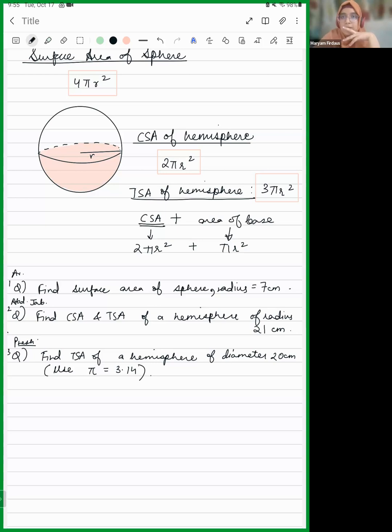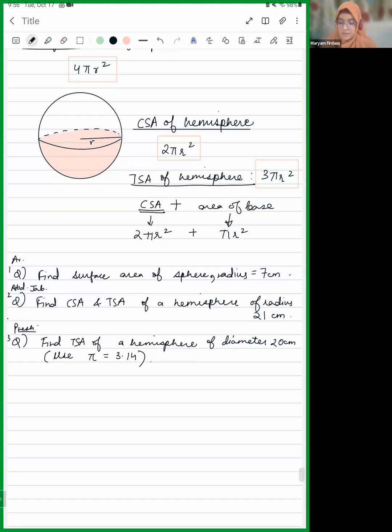Let's first do the exercise. You guys can do the first question, right? Find the surface area of a sphere which has the following radius.